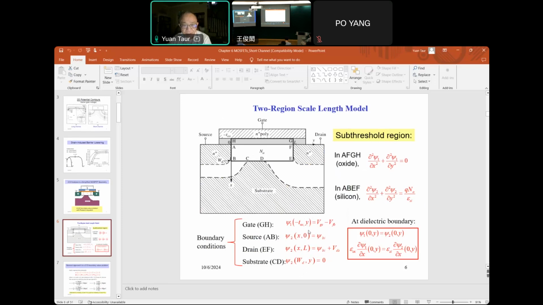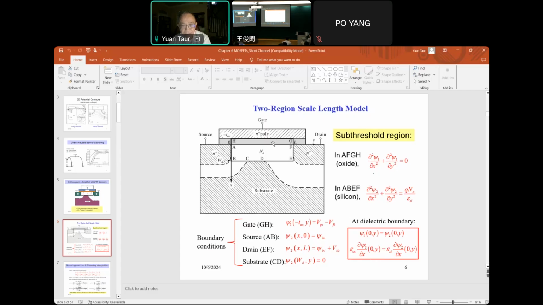Now, between psi 1 and psi 2, they are coupled by the dielectric boundary conditions. The dielectric boundary condition is at X equal to 0, Y between 0 and L. So there are two boundary conditions at the interface, AF. The potential is continuous from psi 1 into psi 2, so at every point psi 1 equals psi 2. And the field, the derivative, because this is a second order Poisson equation, so the first order derivative is the field.